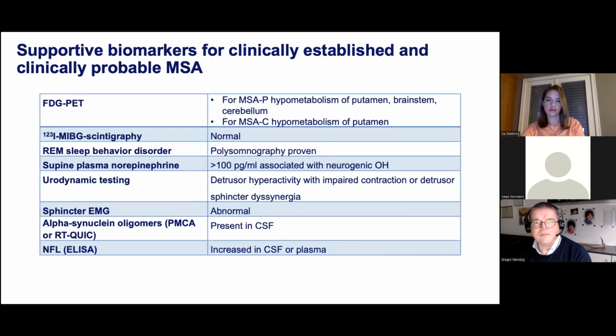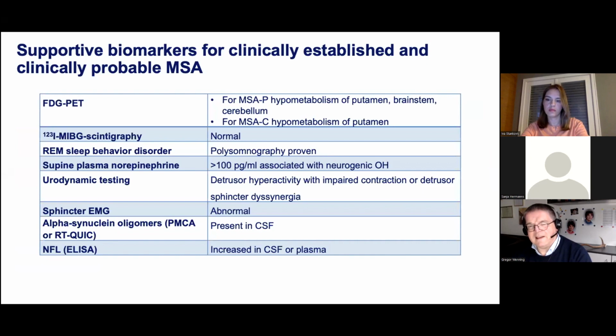Next. Now we come to the supportive biomarkers for clinically established and clinically probable MSA. They are not part formally of the criteria, only MRI is, because the clinical evidence from the multiple studies that have been done is not 100% convincing.